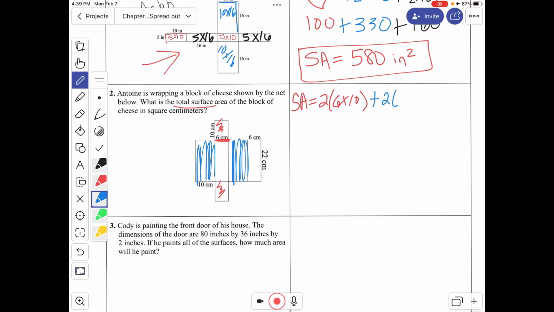So 2 times the base is 10 and the height is 22, plus this one here in the middle with this one here on the end, 2 of them. The base is 6, and the height is 22.